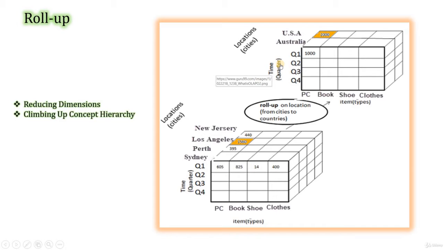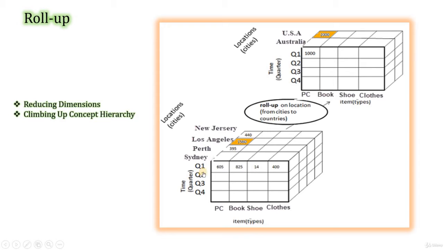New Jersey and Los Angeles: the sales value for quarter one is rolled up into 2000. That means 1560 added to 440 gives 2000. So you are rolling up the total sales value at the country USA level.